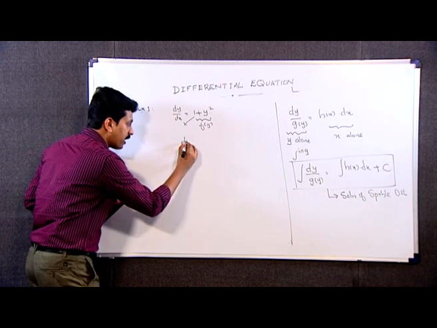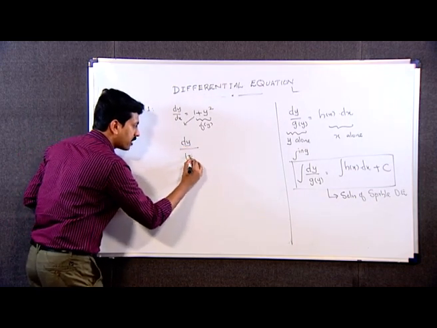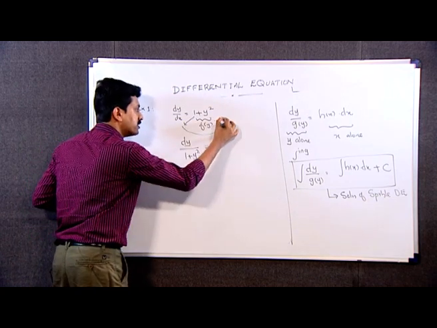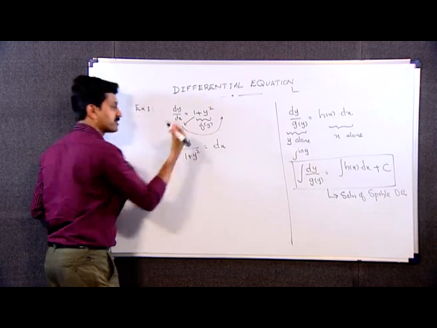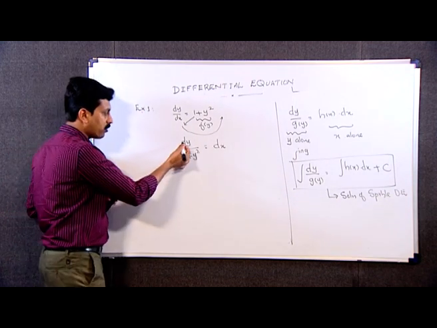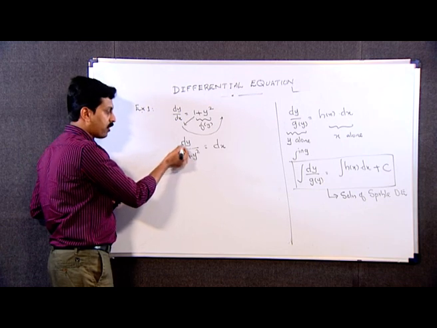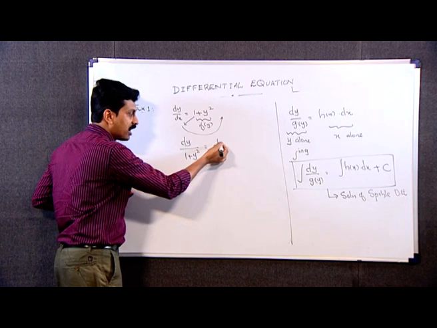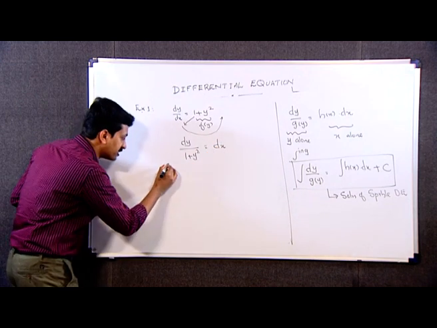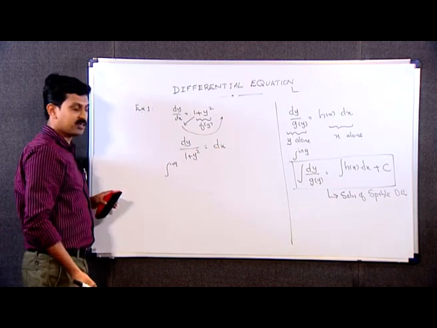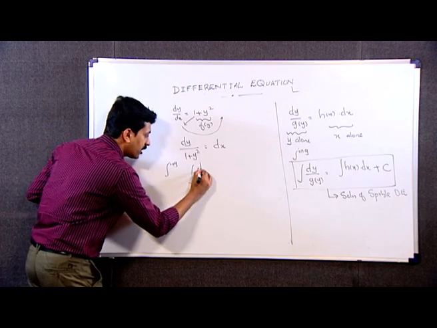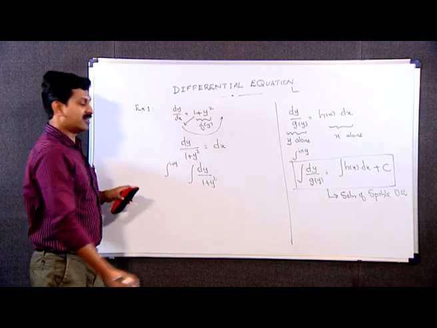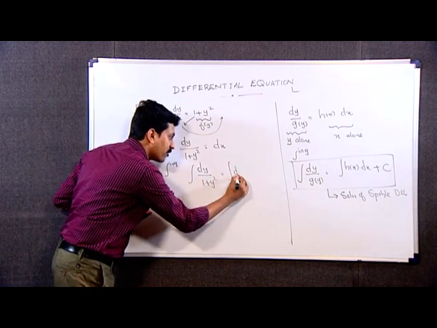Therefore, dy divided by 1 plus y square is equal to dx. Now 1 by 1 plus y square is a function in y, and this is 1 into dx. Integrating both sides, the integral of dy divided by 1 plus y square is equal to the integral of dx.